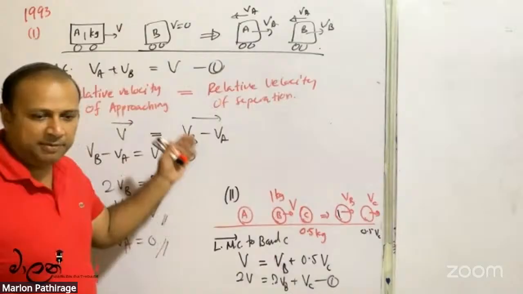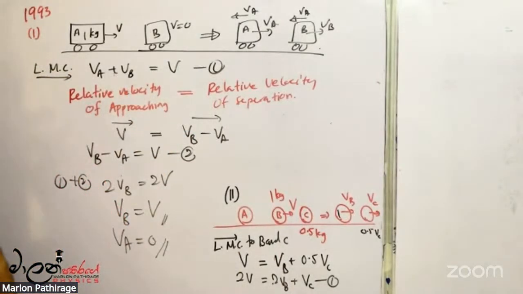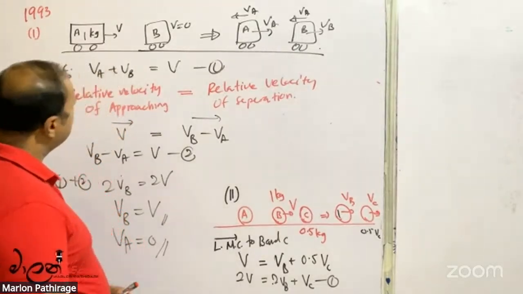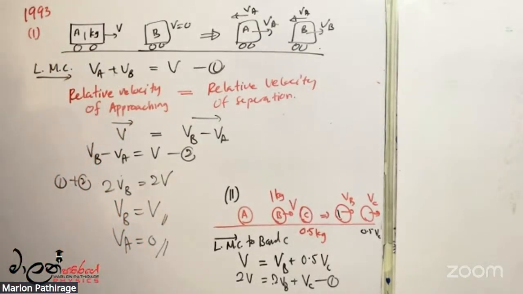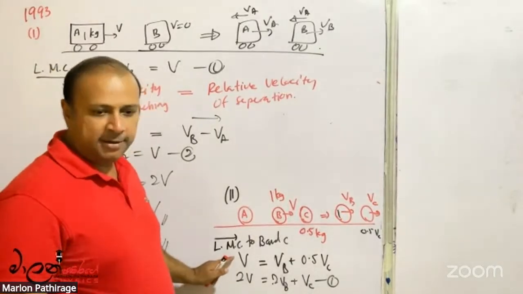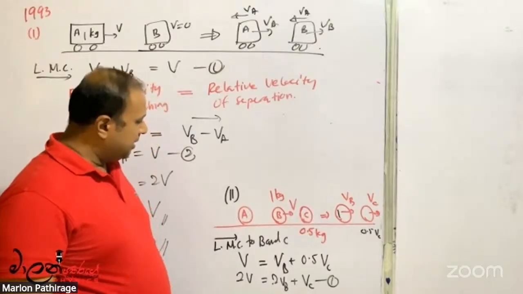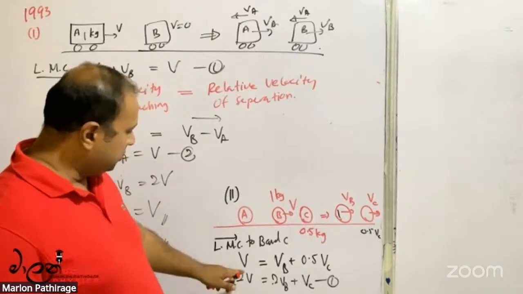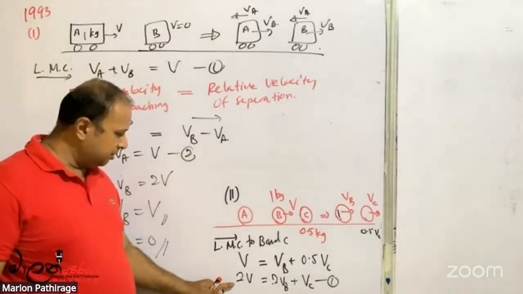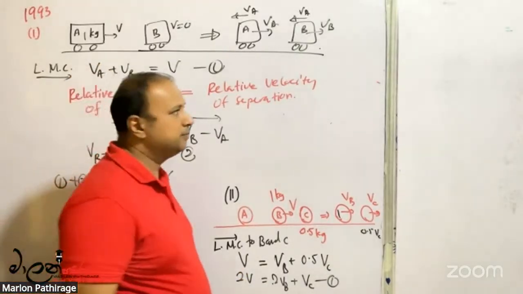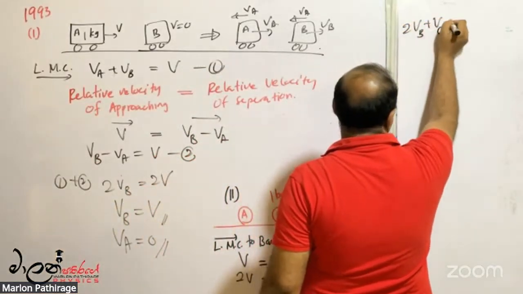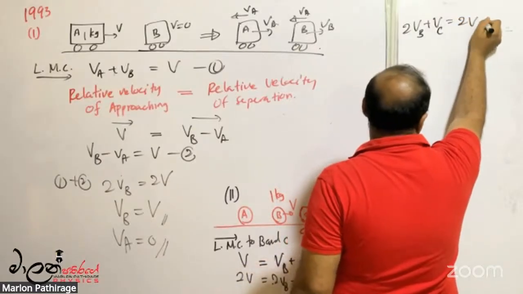Let's use the second method. Then I can use this one. So if I apply the linear method of conservation, 2VB plus VC equals something.